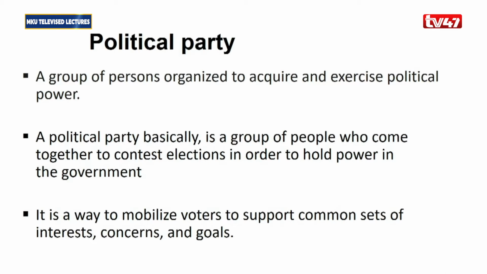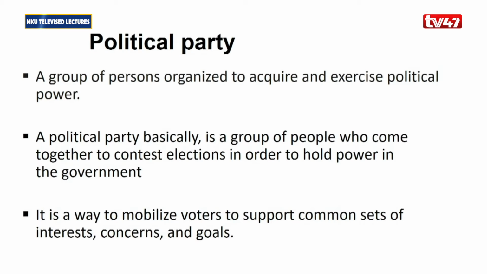A political party can be defined as a group of persons organized to acquire and exercise political power. When people decide to come together and organize themselves in order to acquire power through a democratic process, that is, through the electoral process, then that is what we call a political party.